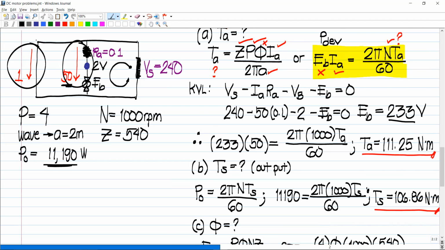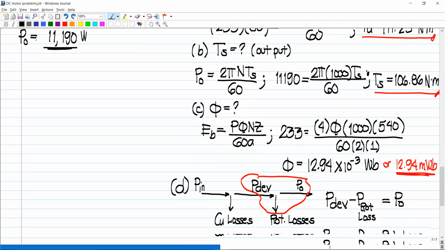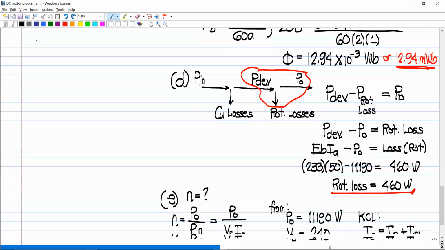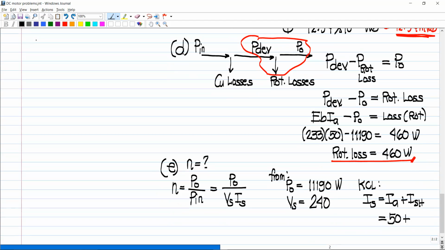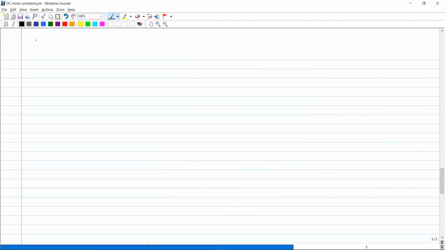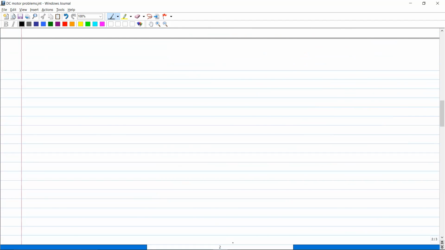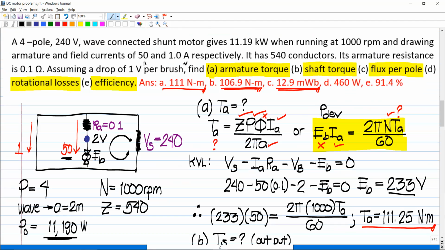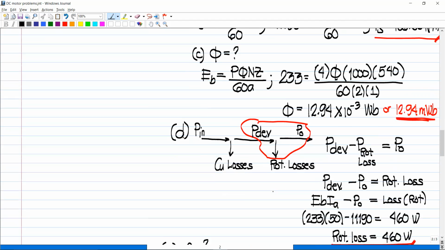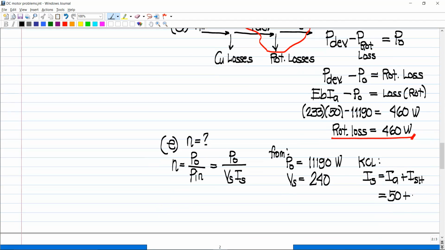Going back to our diagram, the armature current is 50 and the shunt current is 1. In our motor, the source current is equal to the summation of the armature current and shunt current. So in this case, the source current is 51 amperes.